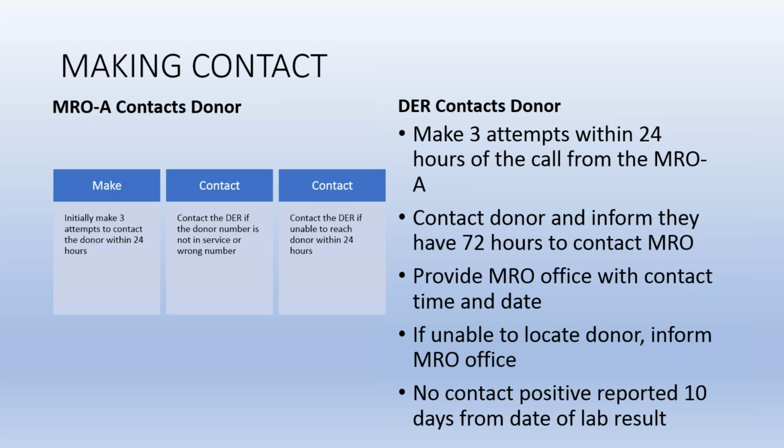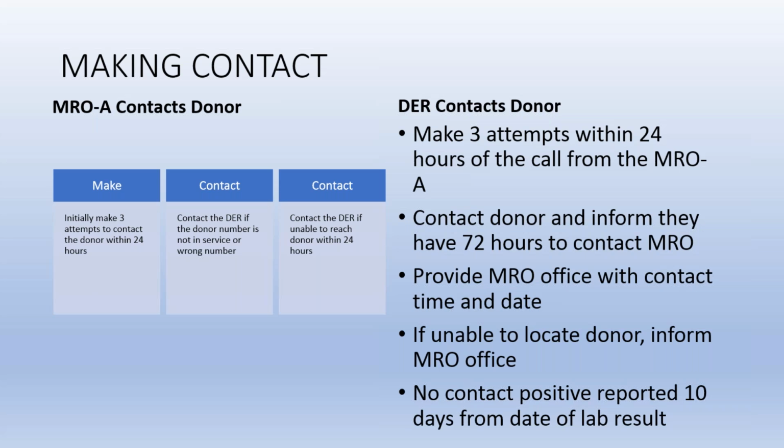If that does not happen, if the donor number is not in service or is the wrong number, or if unable to reach the donor within 24 hours, then they will contact the DER. So either way, that's what's going to happen from the MROA.